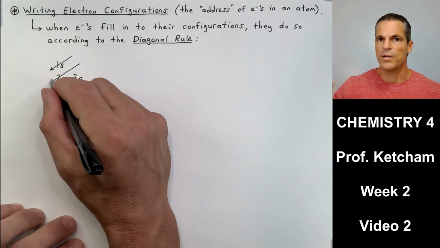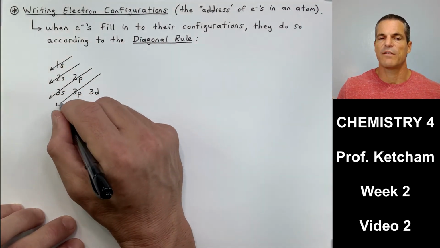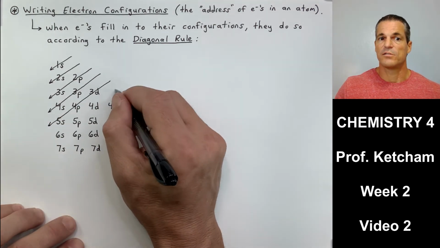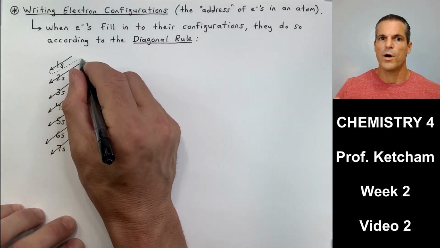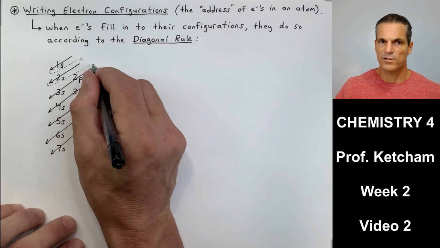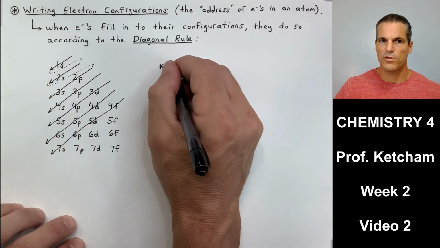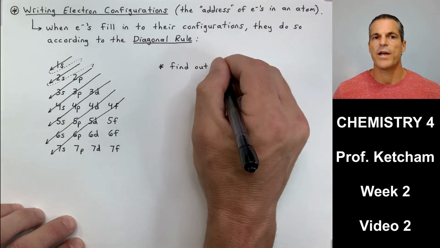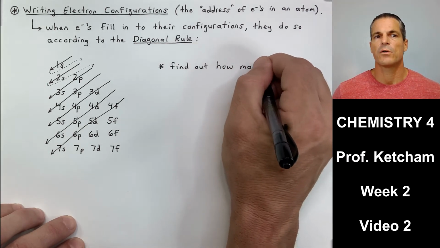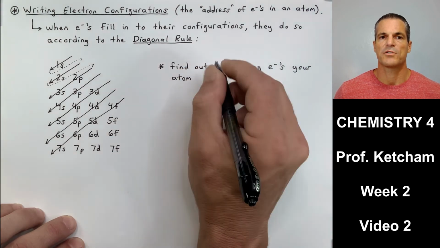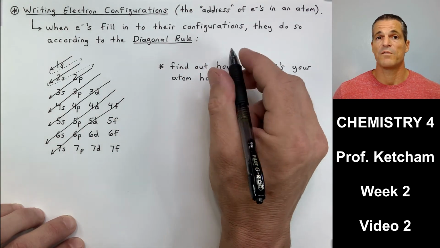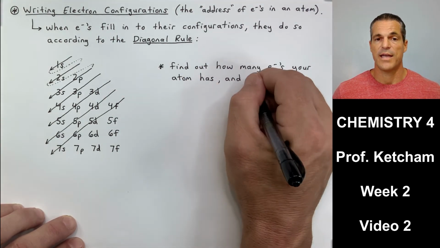You just repeat for 5, 6, and 7. This is drawn very neatly because I have to draw my arrows appropriately. Through the 1s, through the 2s, through the 2p and 3s, then through the 3p and 4s. If you practice writing this, this is how you assign the electron configuration based on the number of electrons in an atom.